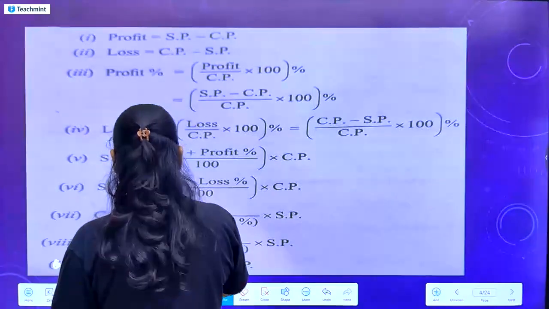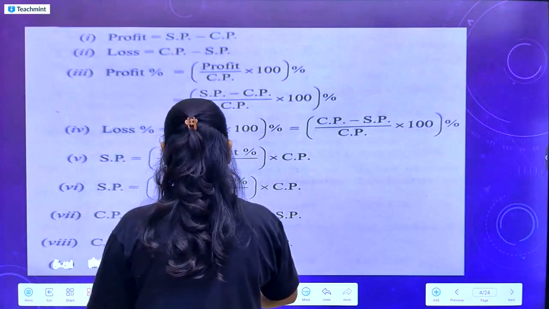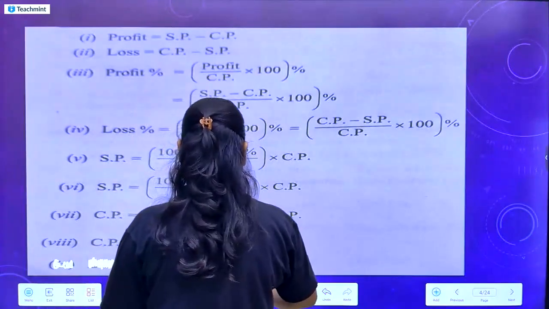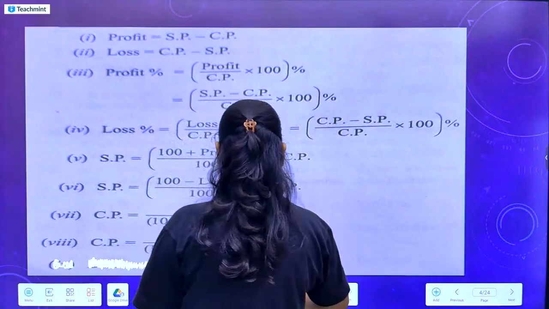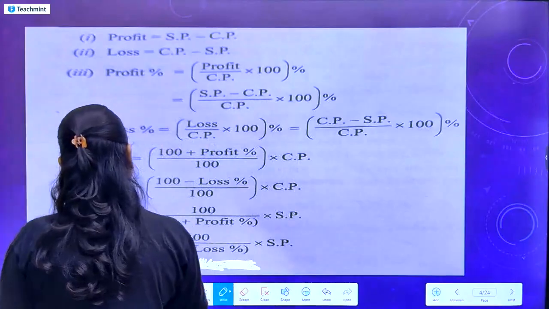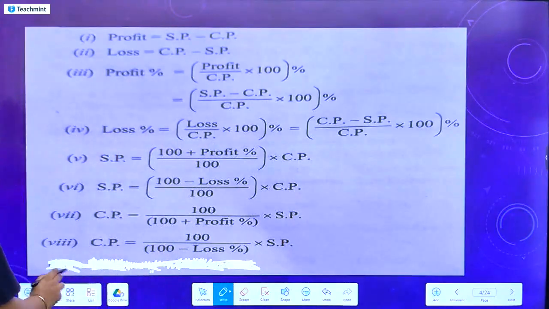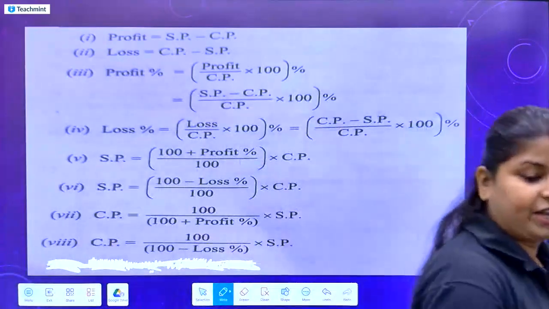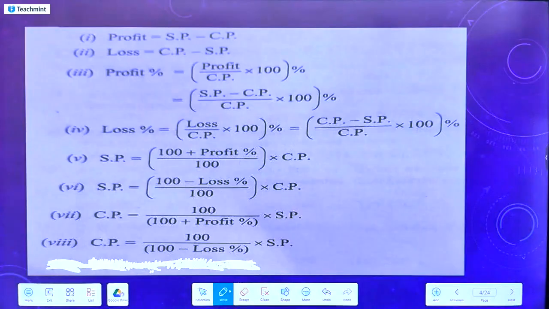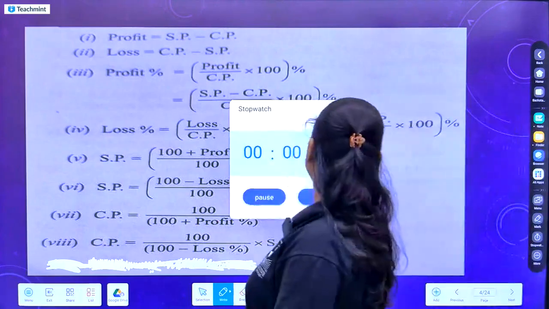You can note down these 8 formulas of profit and loss. Quickly note this down. I'm waiting for 2 minutes. Please note this down. Don't take the screenshot.